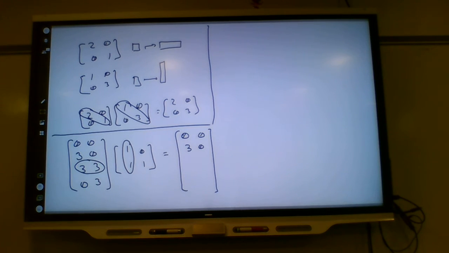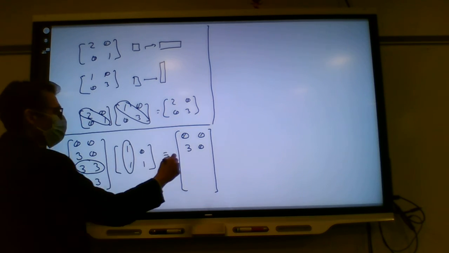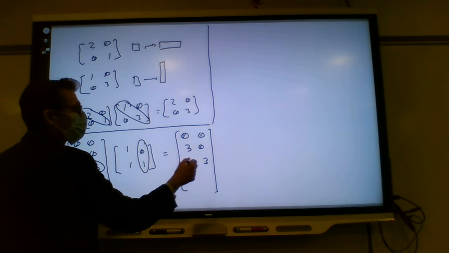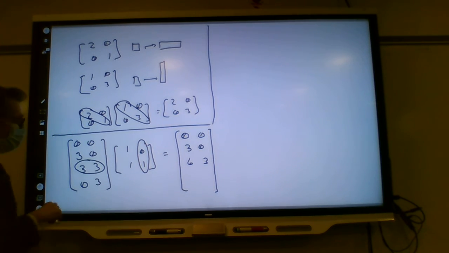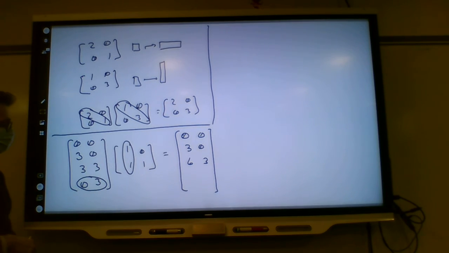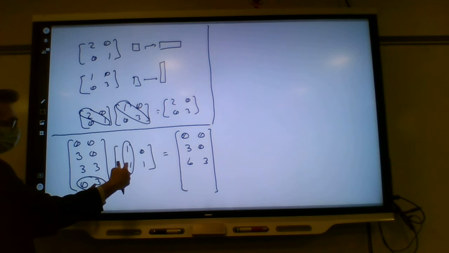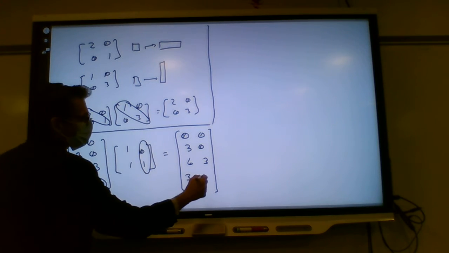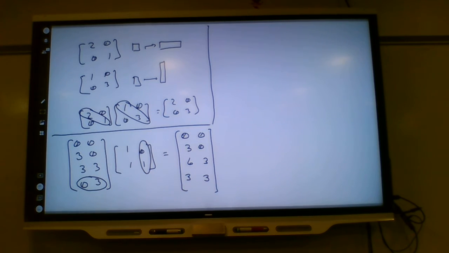What about here? That becomes 6, 3. And what about here? 0 plus 3, that's 3. And this is 0 plus 3 is also 3. So let's see what happened to our square.